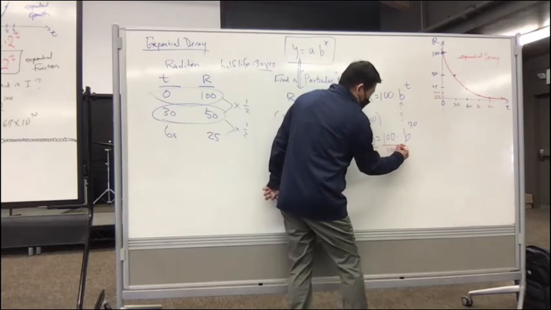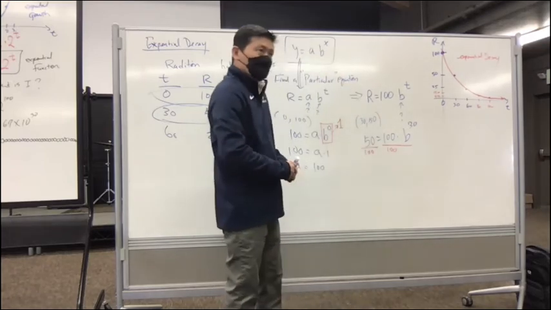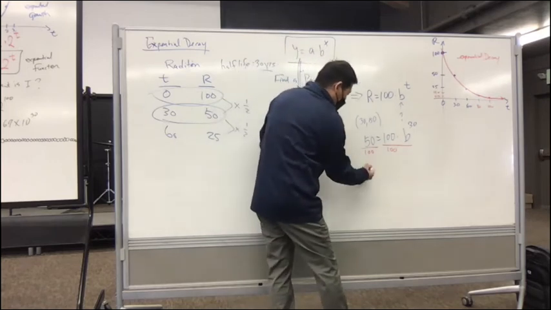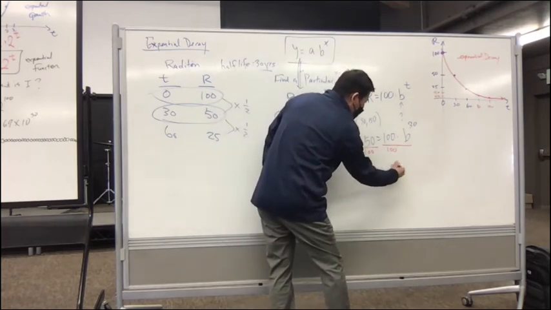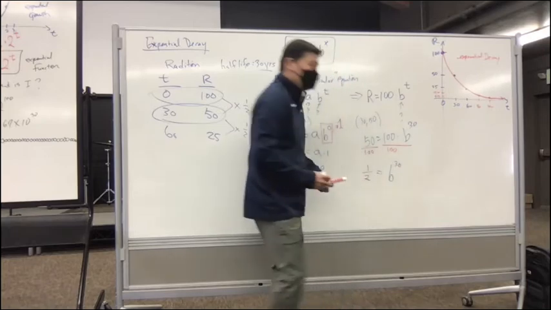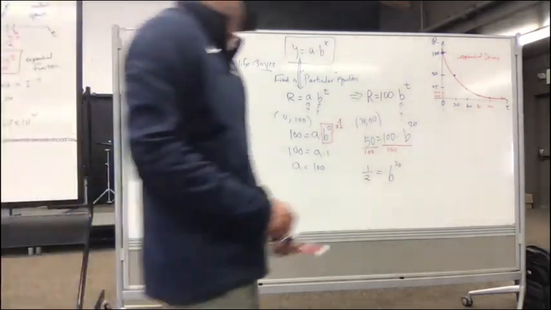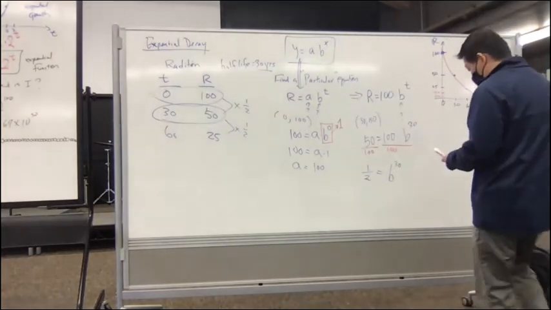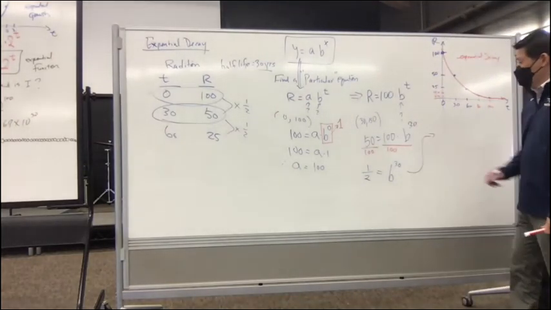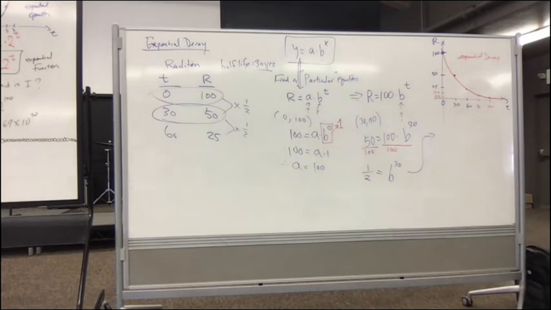So I do that, and I end up with 1/2 is equal to B to the 30th power.